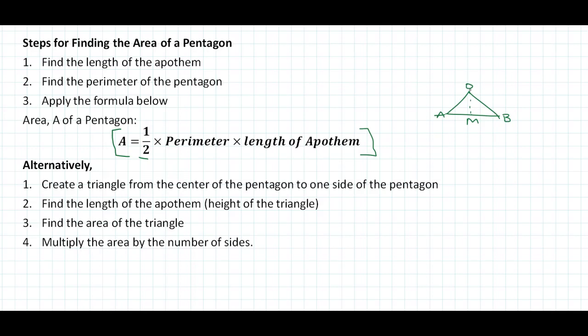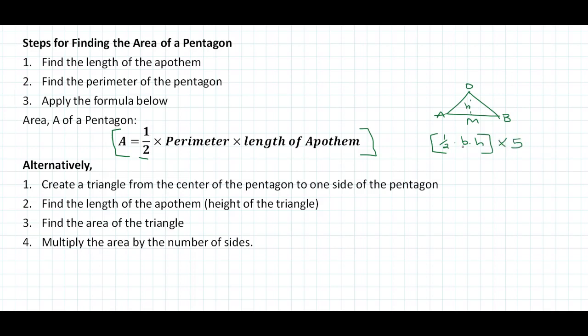So if we find the apothem right here, we have the height of the triangle, and AB is actually one of the sides of the pentagon. So you have that information. Now you're going to find 1/2 base times height for the area of the triangle, and then you're going to multiply it by the number of sides that you have for the pentagon, which is 5.